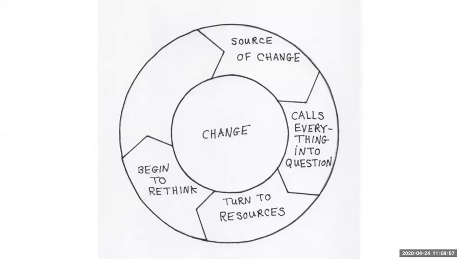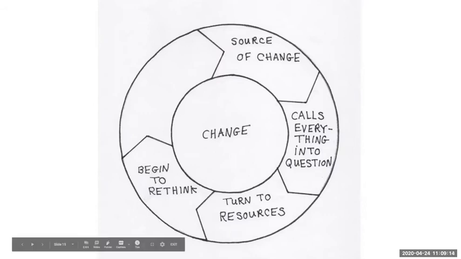And that process of rethinking might include speaking with friends, colleagues, co-workers, if you have a spouse, minister, some maybe specialist or expert, but begin to rethink it. How might I see this differently?